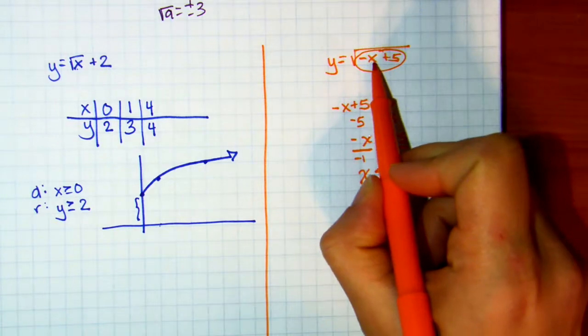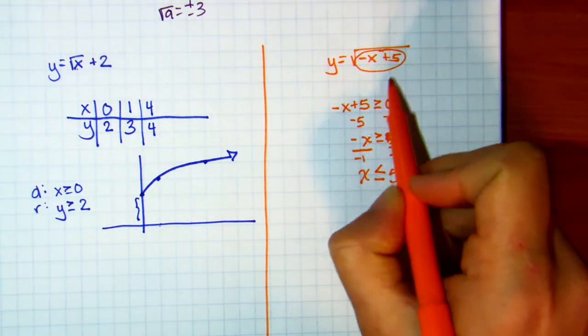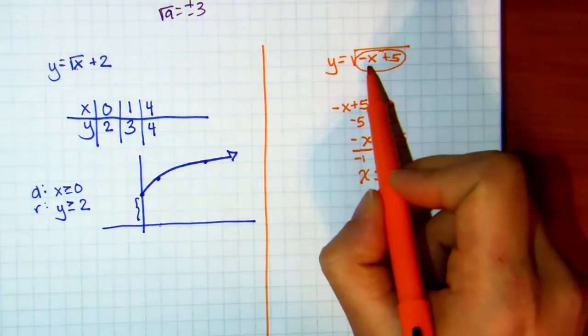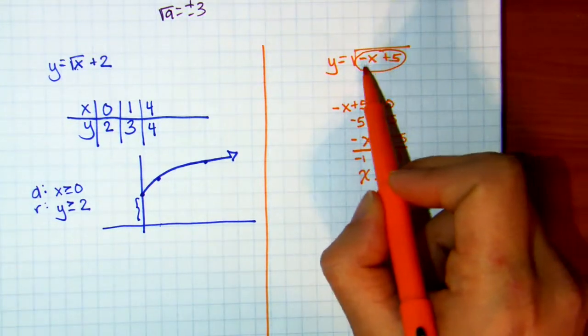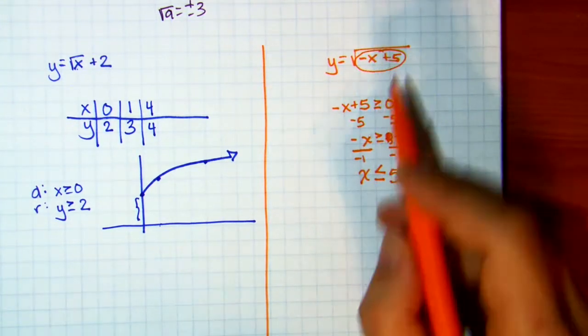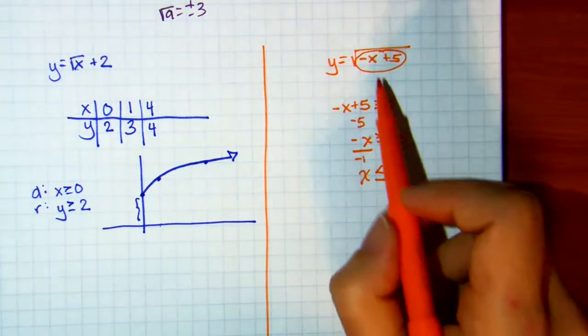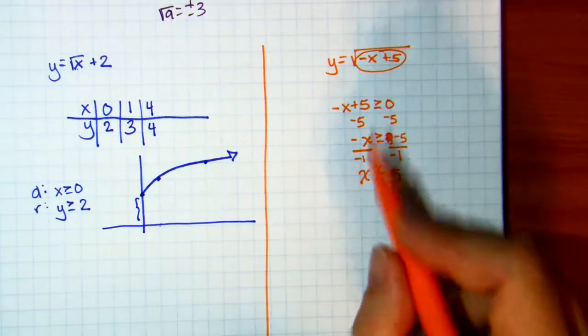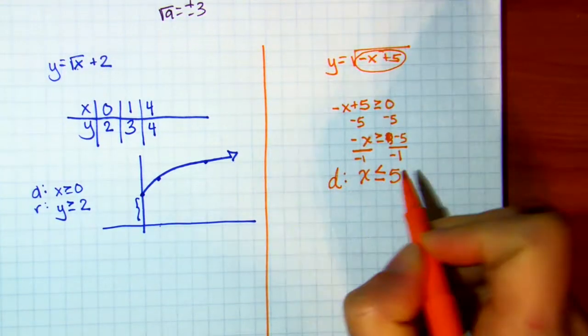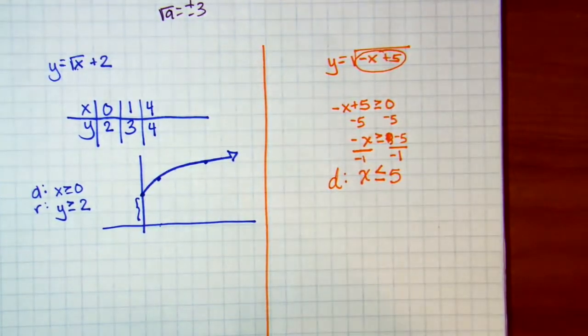If I put in 5, I would have negative 5 plus 5 is 0. If I put in 6, I would have negative 6 plus 5, which is negative 1. That's not allowed. So I have to put in numbers that are less than or equal to 5 here. So my new domain is x is less than or equal to 5.